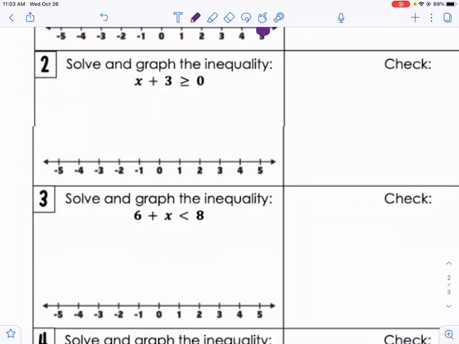Q, R, S, T, green. Check each other's answers. Check your answers for 2 and 3 with the people.